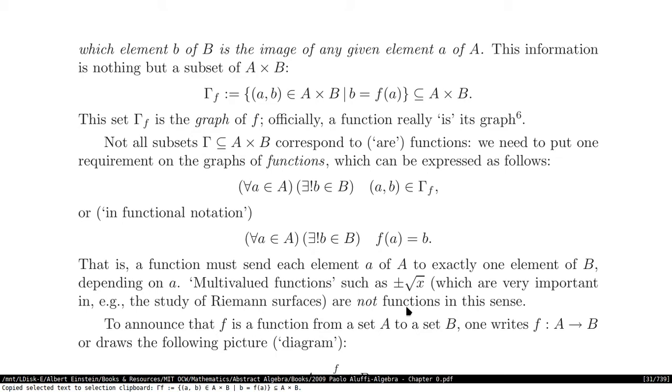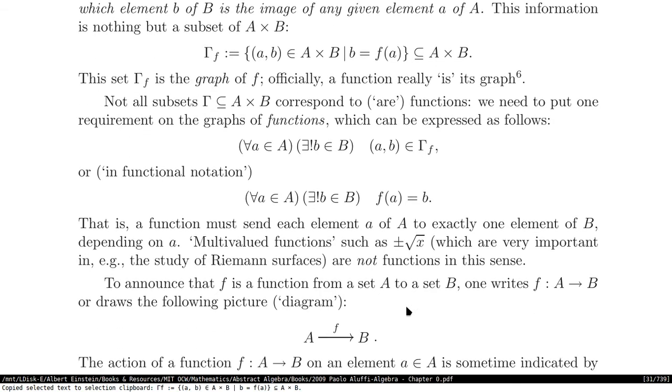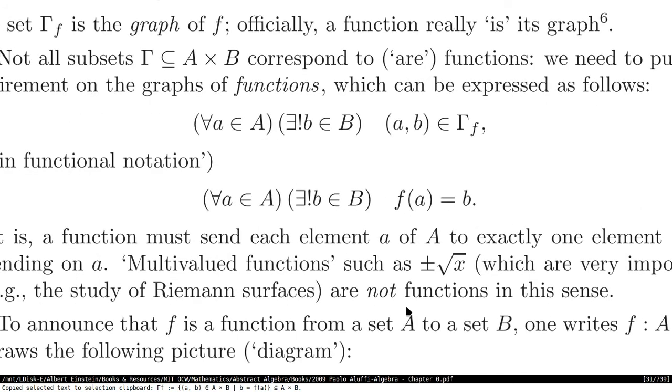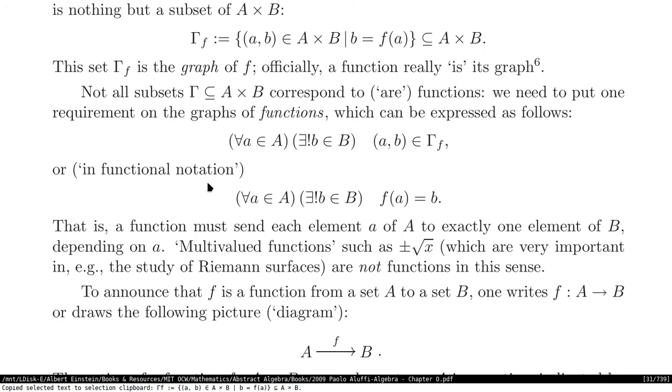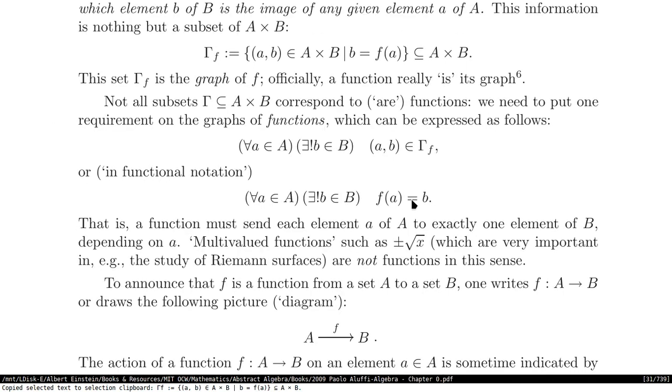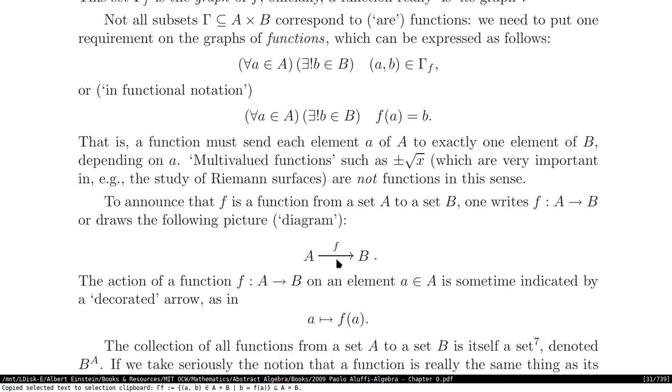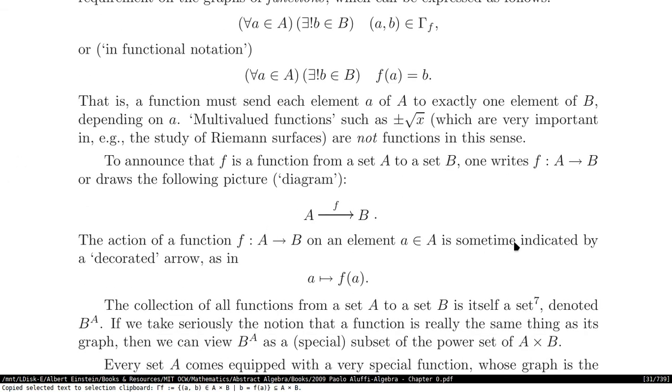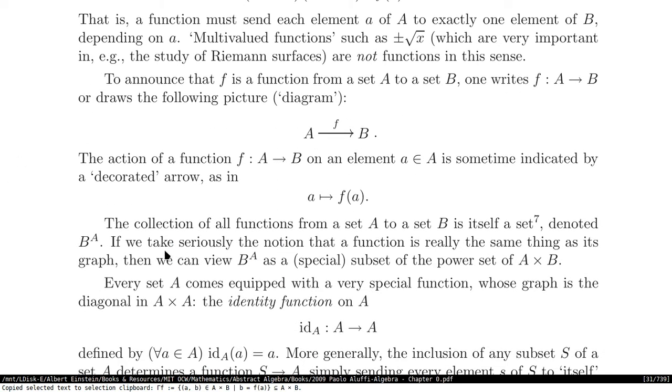But for a function, what we need is this condition: for every element a in the set A, there exists a unique b such that f of a is b. That must be the case for it to be a function. And then you have the notation f from A to B, the typical way.